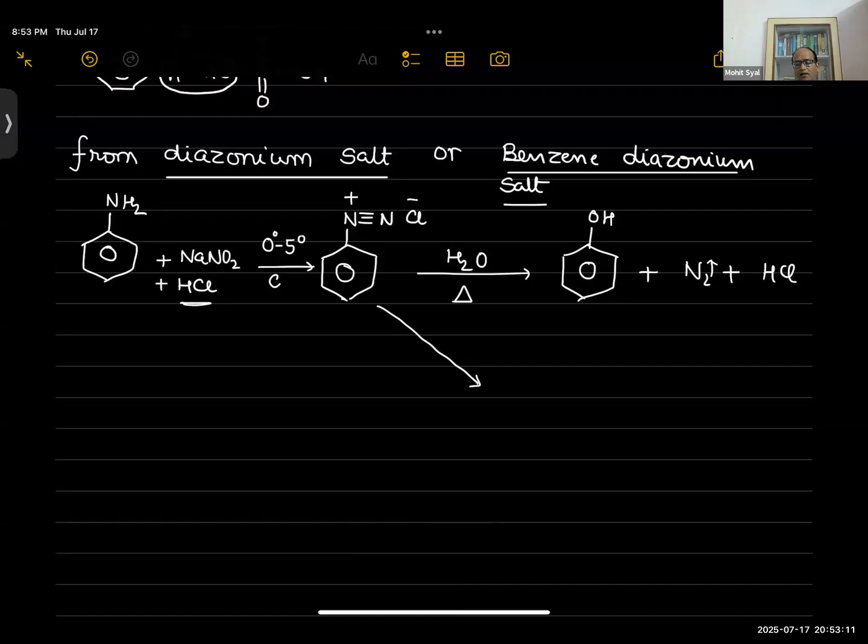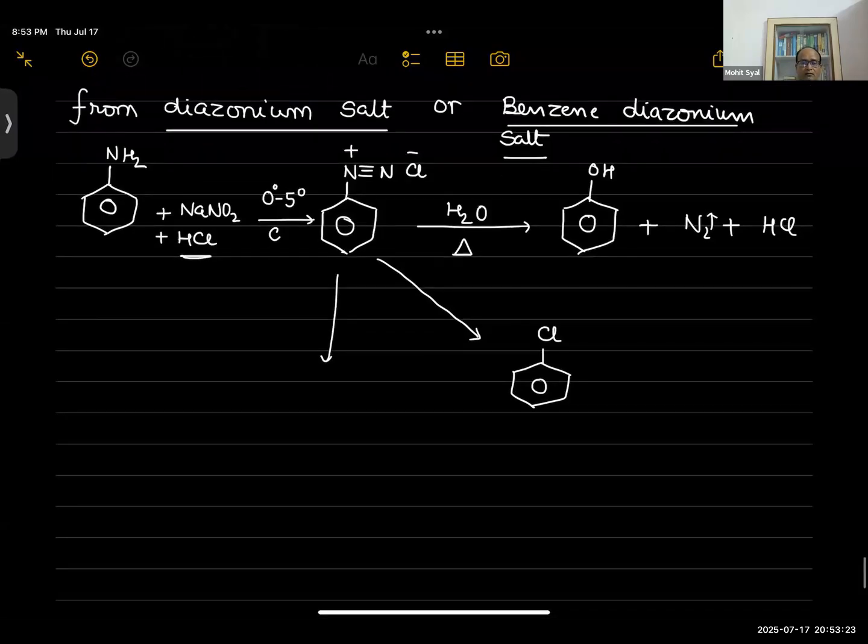If you want to convert it into chlorobenzene, what method do we need to employ? This is from the previous chapter, just a revision. And if you want to convert it to bromobenzene, what do we need to take?